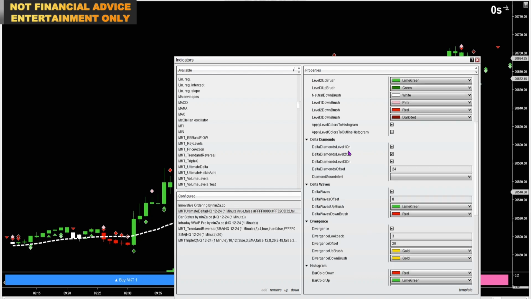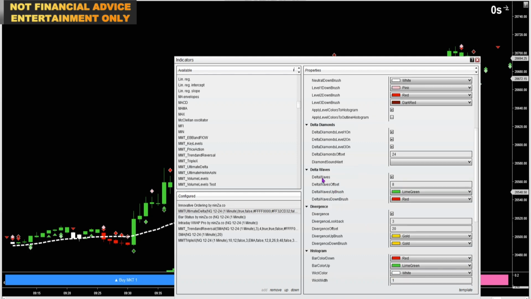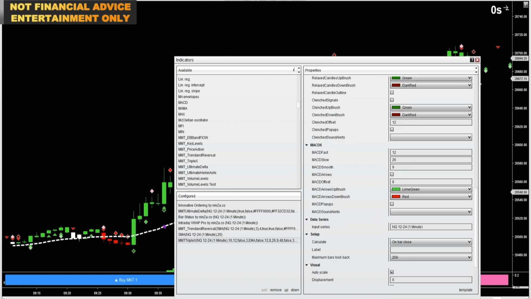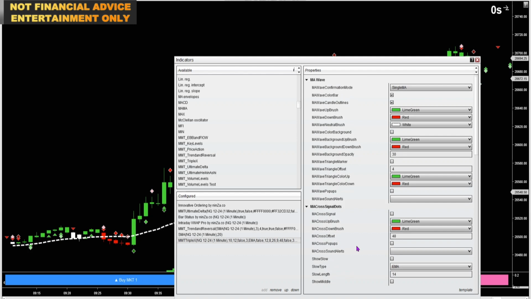I've got all 3 levels of the diamonds on. There's different colors for each level of diamond. I've got the delta waves on. I've got the divergence on with a look back period of 3. I've got the MMT XXX painting the candle colors. I've got everything turned off except for the moving average wave.